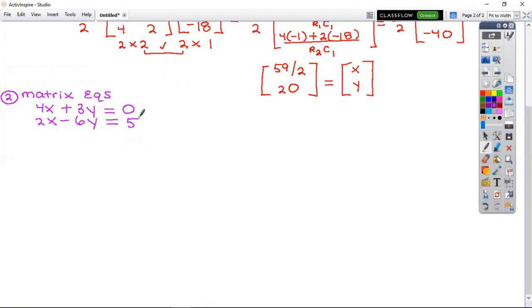So you are first going to write out what we call your coefficient matrix, followed by your variables. So I go 4, 3, 2, negative 6, multiplied by the variables I used here, which was just X and Y, equal to 0, 5.